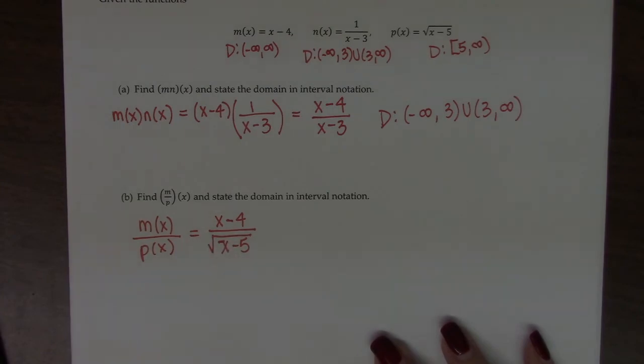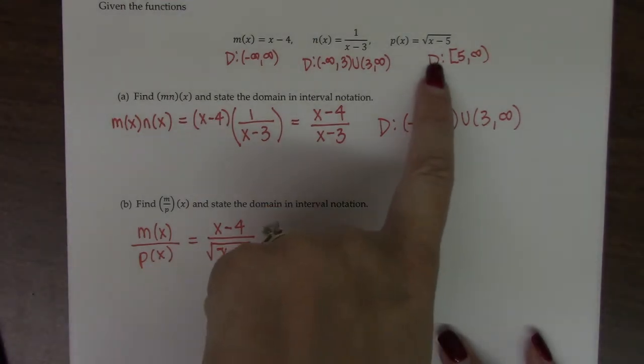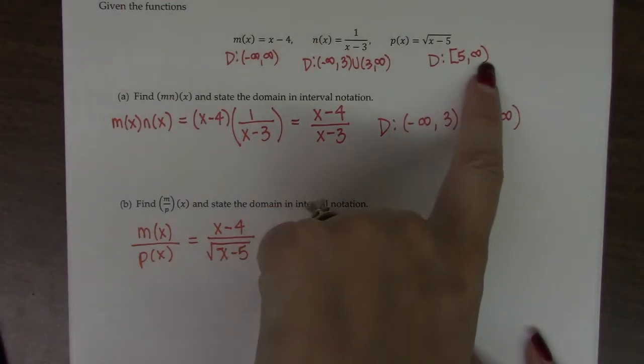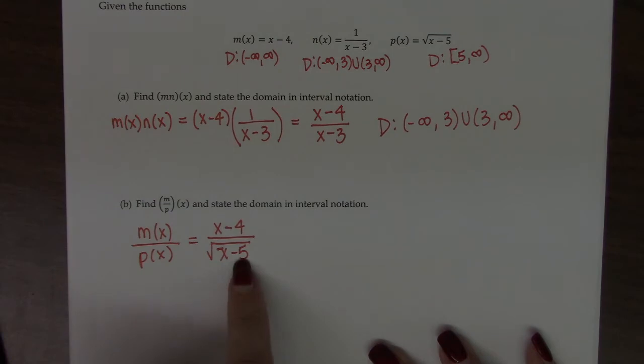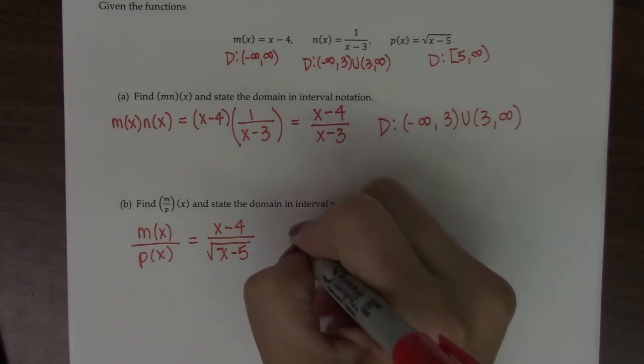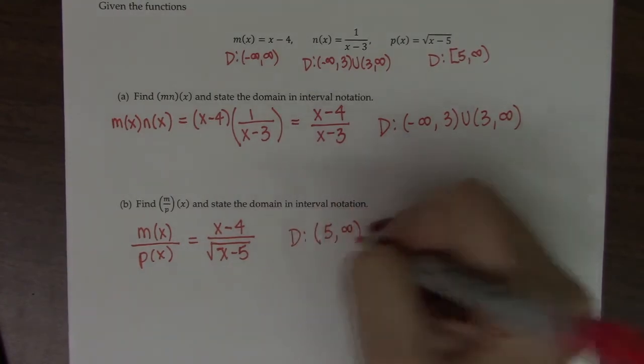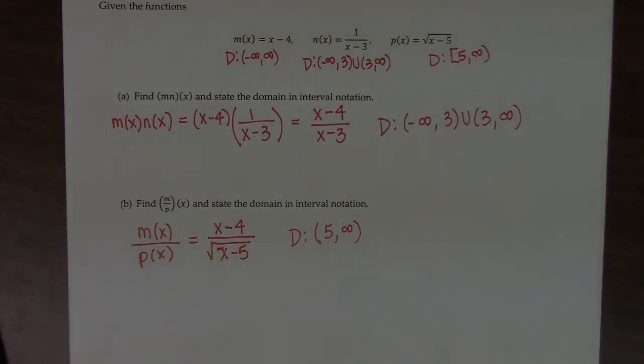The numerator here is still fine. It'll take all real numbers. But for p of x, when it was by itself, we said 5 and anything bigger than 5 is okay. Now this radical's in the denominator, so it's not okay to get 0 underneath it anymore. So we have to kick 5 out. Its new domain is 5 to infinity, where 5 is not included.